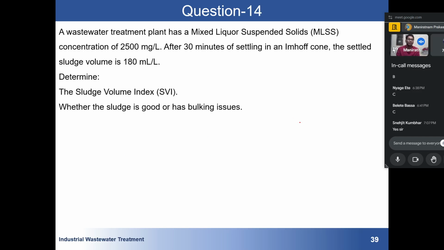Question number 14. This question is related to question number 10.